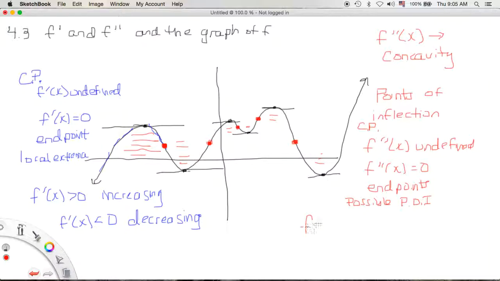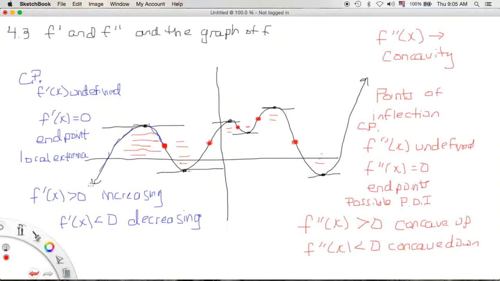Now the second derivative, when it's positive, that means that it's concave up, and when it's negative, that means it's concave down. So we just test either side of these critical points and see if we switch from up to down or down to up, so that we know that we've changed our concavity, so we have a point of inflection there.